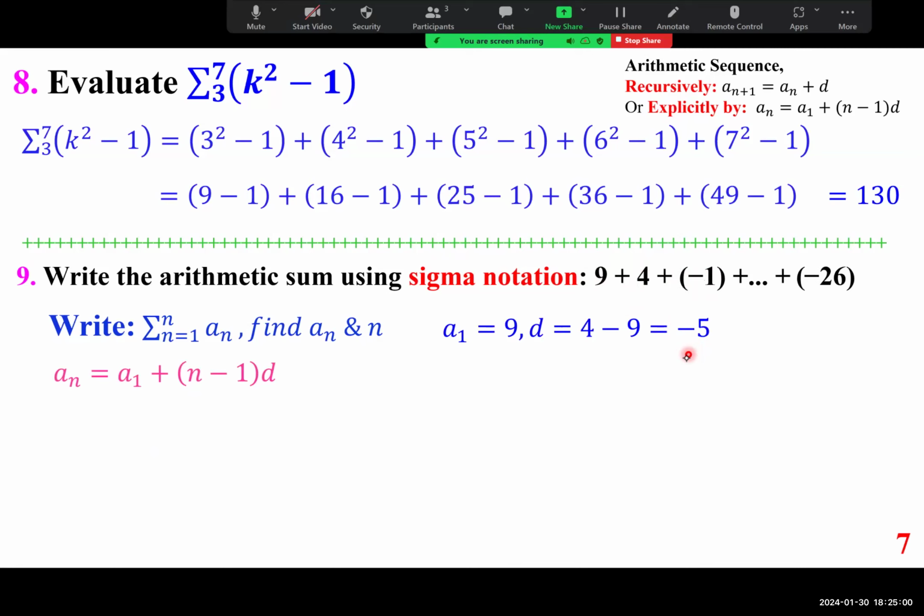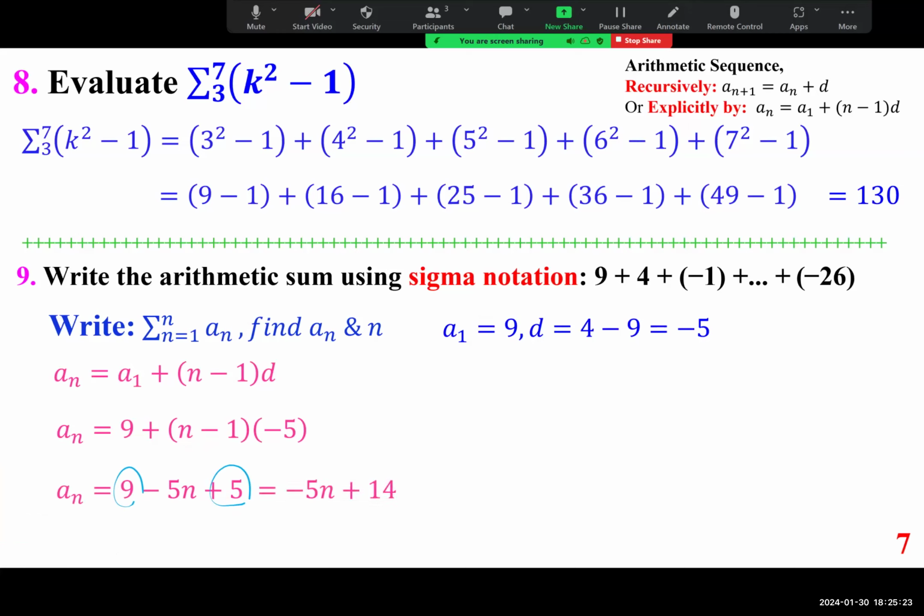So in this case, we are going to put a sub 1 is 9, d is negative 5, which means now minus 5 n plus 5. And of course, 9 and 5, they add up to 14.